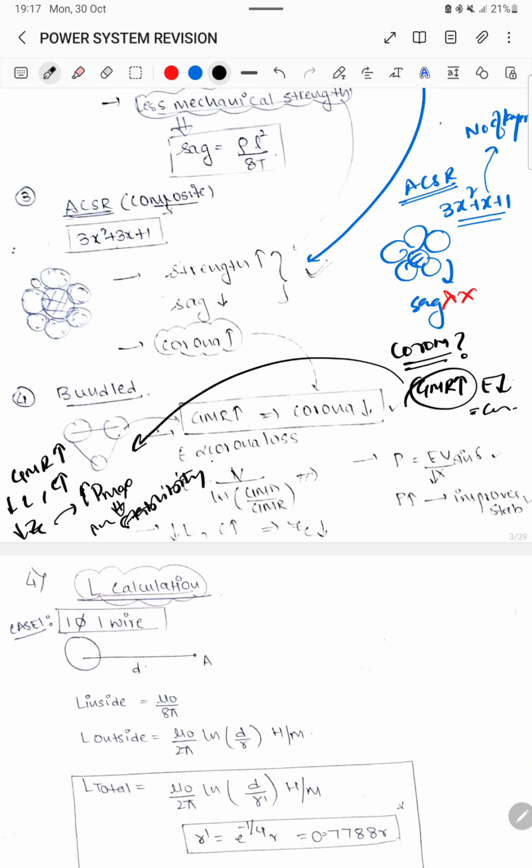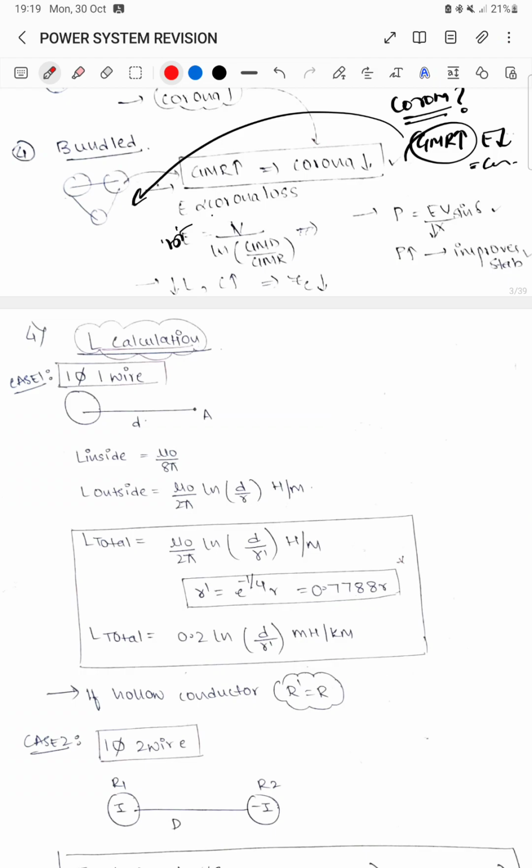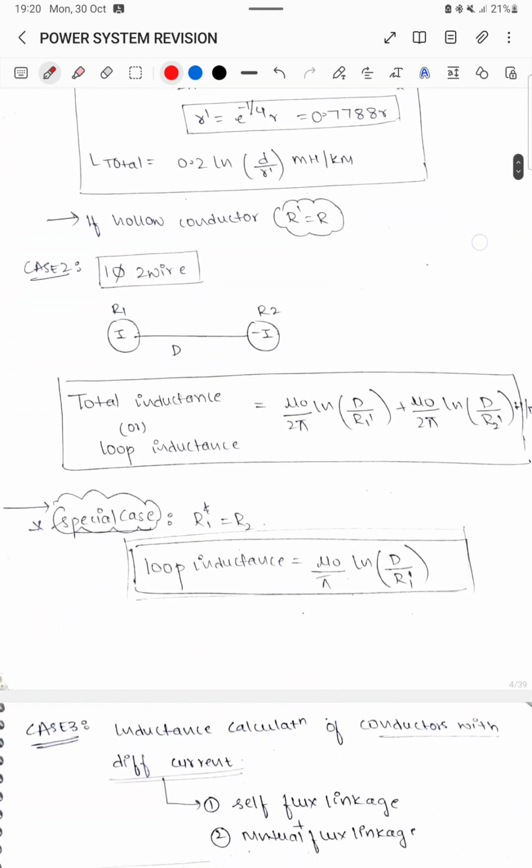So this is the whole journey of types of conductors. Now, since we have already introduced L and C, let's see the calculation of L and C. Okay, so let's start with the calculation of L. In that, first we will be dealing with single phase, and then different cases of single phase: single phase single wire, single phase two wire.